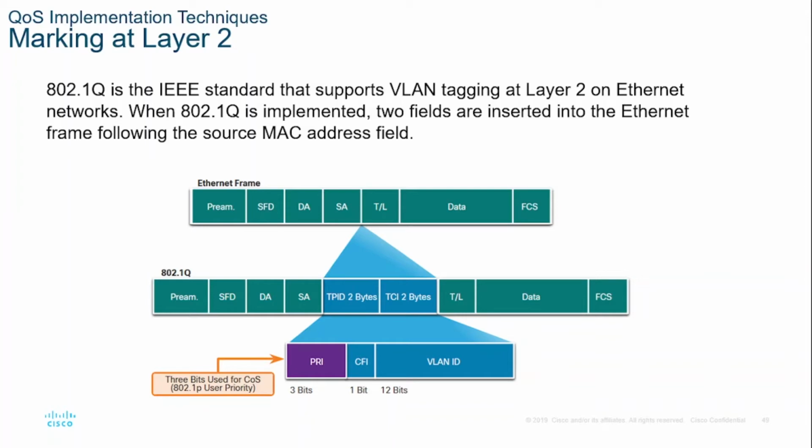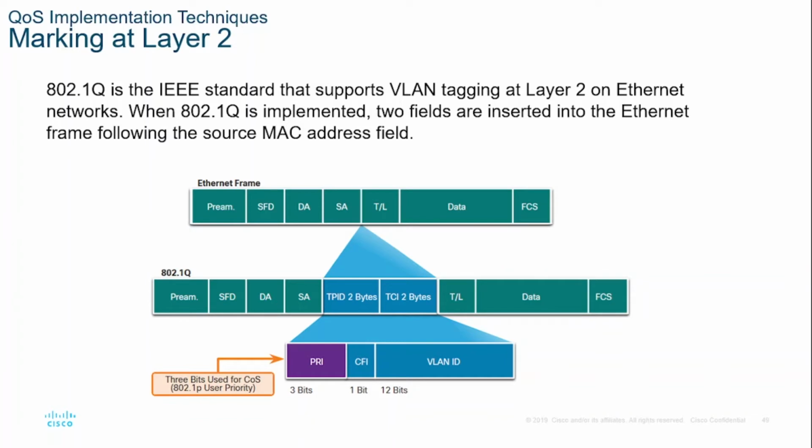The 802.1q standard also includes the QoS prioritization scheme known as IEEE 802.1p. The 802.1p standard uses the first 3 bits in the tag control information or TCI field, known as the priority or PRI field.